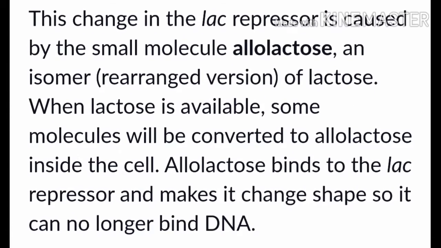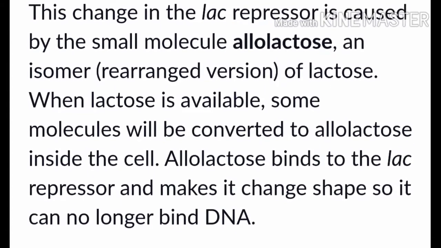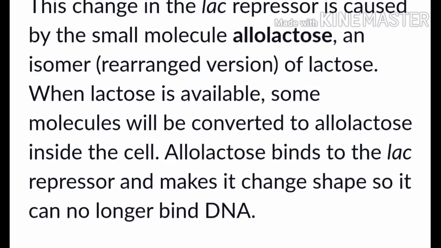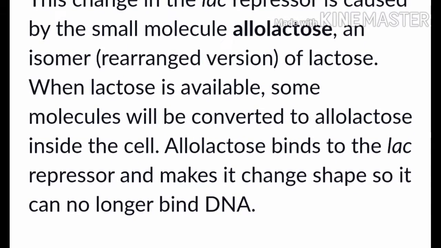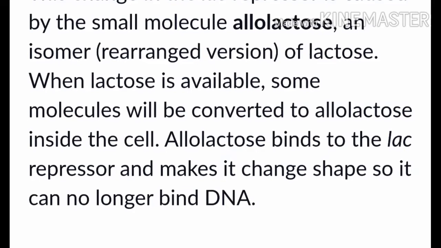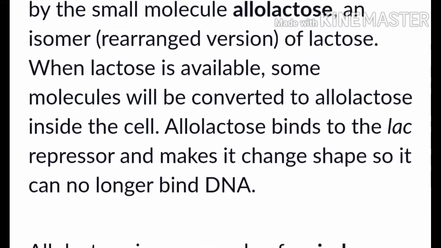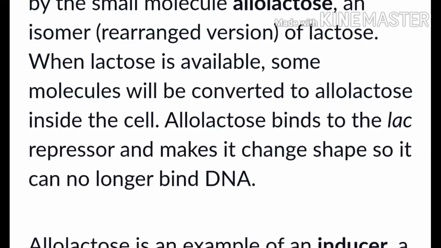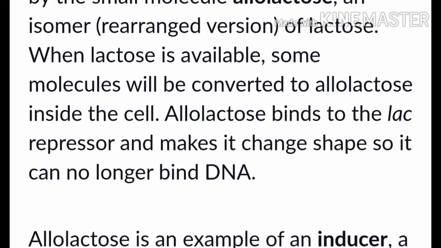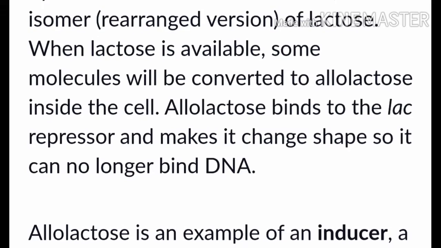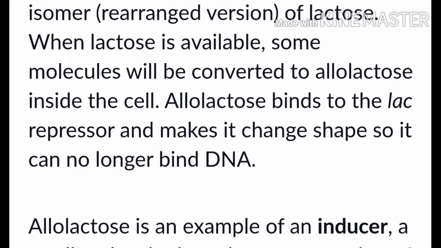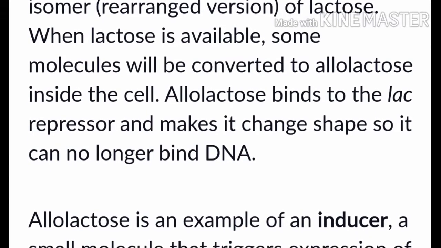Now this kind of change in the Lac repressor is caused by a small molecule, allolactose, an isomer of lactose. When lactose is available, some molecules will be converted to allolactose inside the cell.